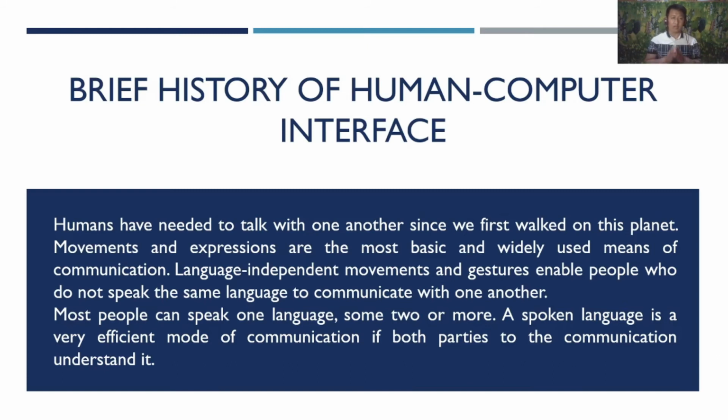All right. So that's the very important thing in the communication. That's why human computer interaction involves research on how people communicate with each other, because they want to implement this kind of interaction into the machine and the user.